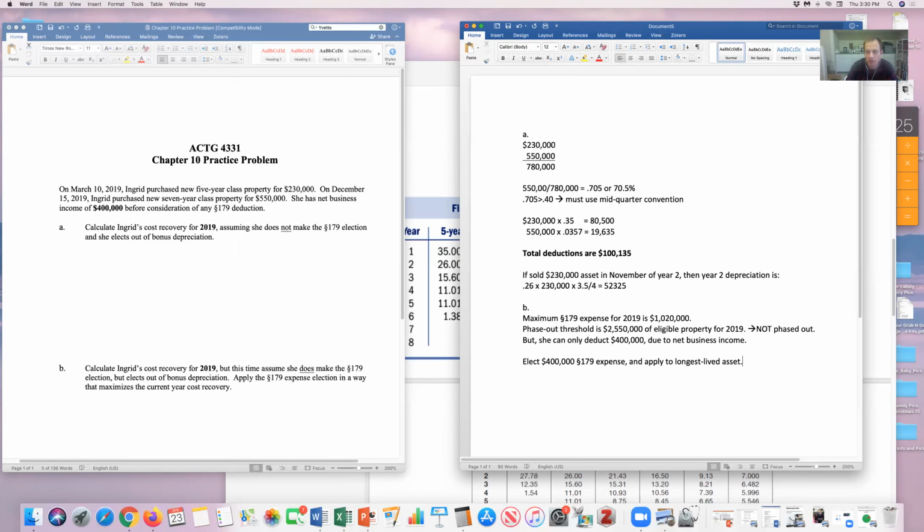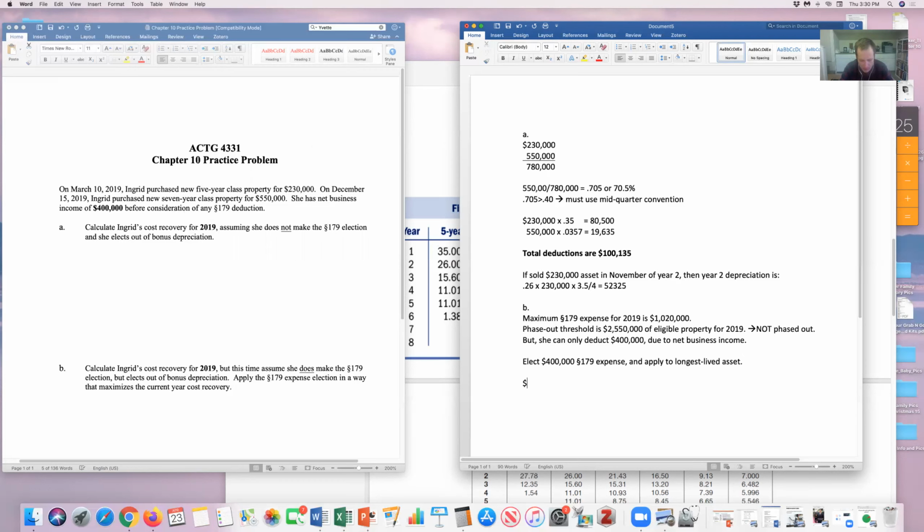So by accelerating from the longer lived assets, you maximize your current deduction, and due to the time value of money, that's usually the best. It'll definitely give you the biggest deduction for the current year. So her longest lived asset, she's got 7-year and 5-year property, so the 7-year is the best to use the 179 on.